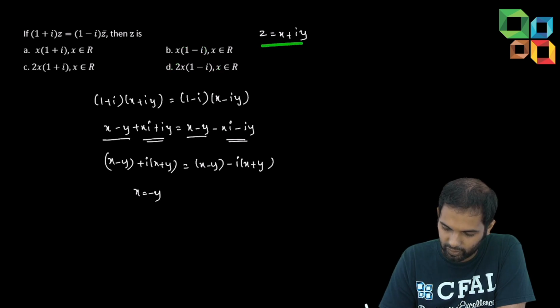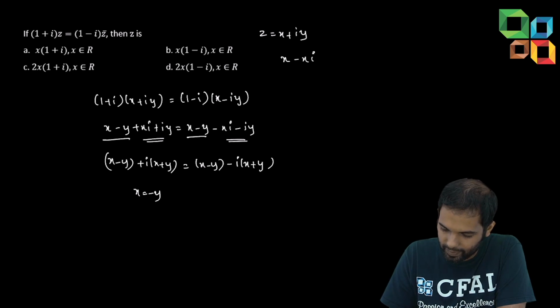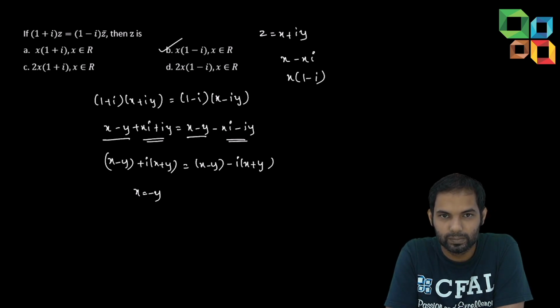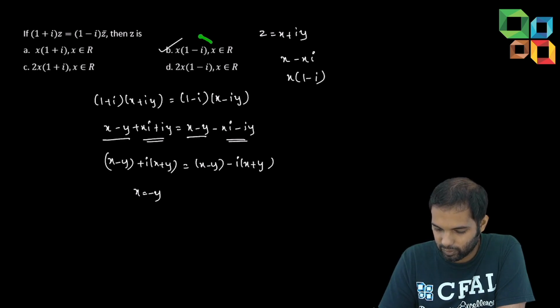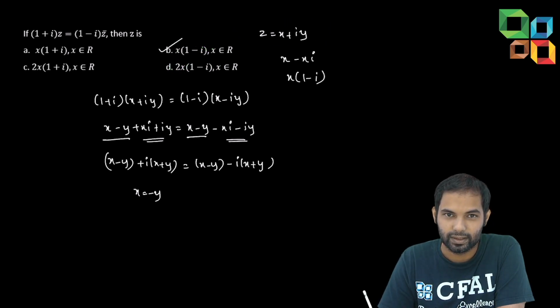But according to our exact complex number, what we got is x, and the other is minus y, so it is minus x into i. So it is x into 1 minus i. So the option should be, right, just by looking, you can see that only these two have negative of each other. Okay. But we have to cross-check with the magnitude because we took the same example. So option B will be the correct answer.